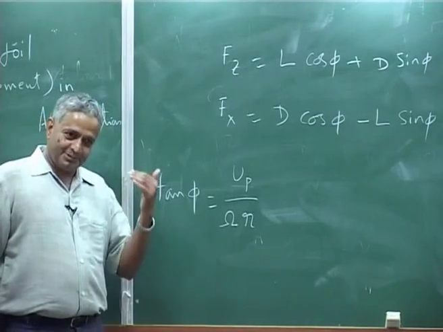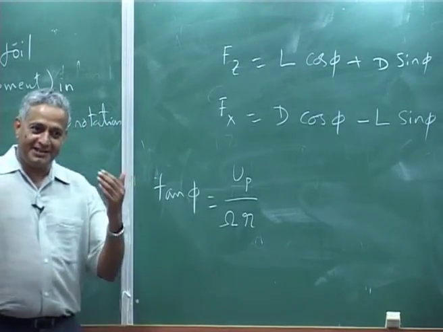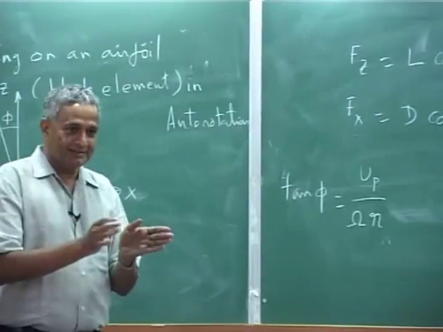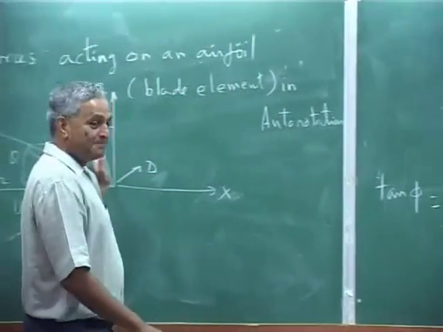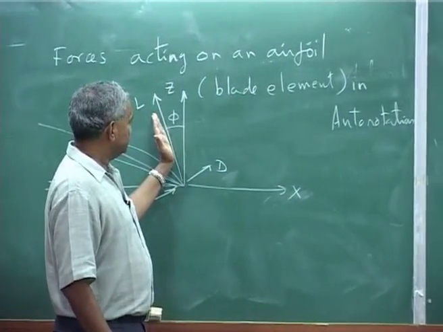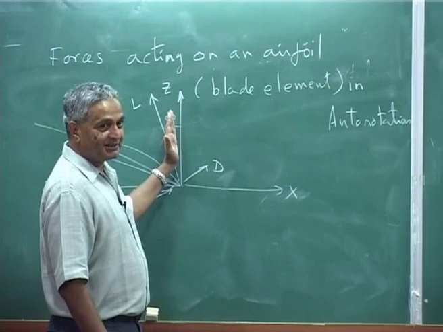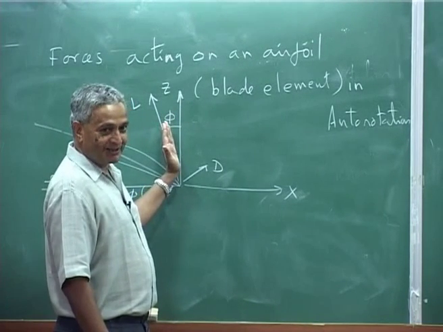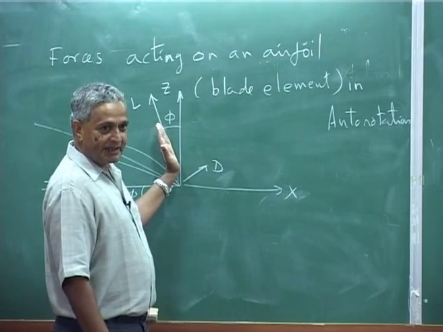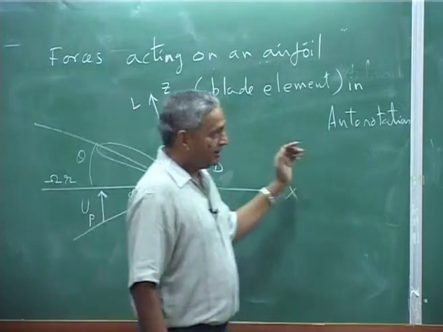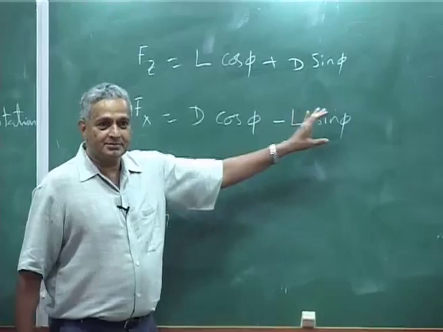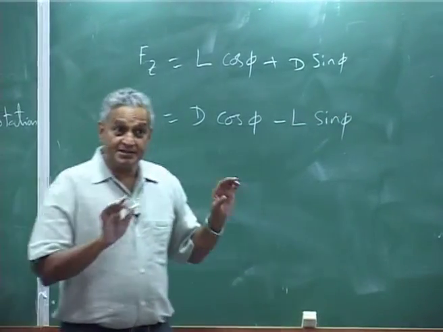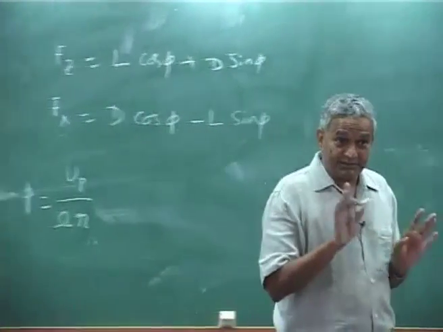Phi is decreasing. Phi decreases, it comes slowly from a large value. That means it can come to the condition where autorotation is possible.